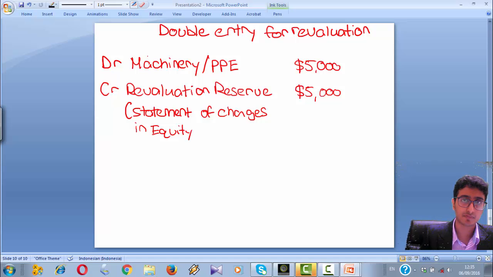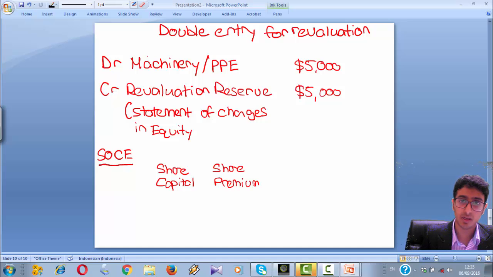That means now, if I show you the statement of changes in equity, it would look like this. I would have my share capital, share premium, retained earnings, and my revaluation reserve.